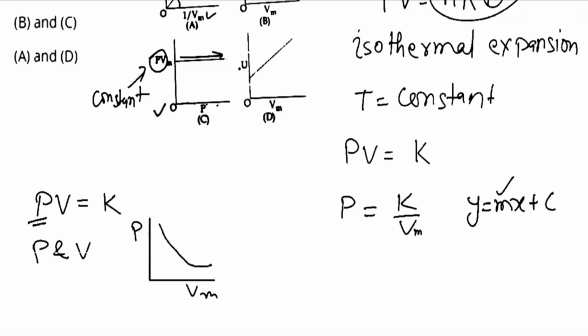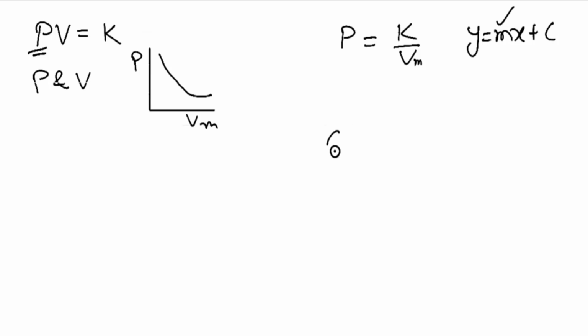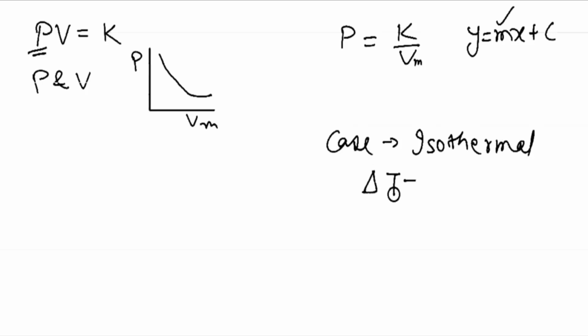If you see the last graph, it is between change in internal energy and Vm. So if we take this case, the case is isothermal. That means del T will be 0, no change in temperature.